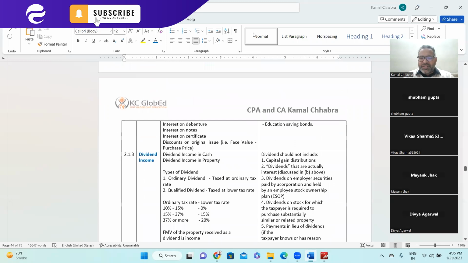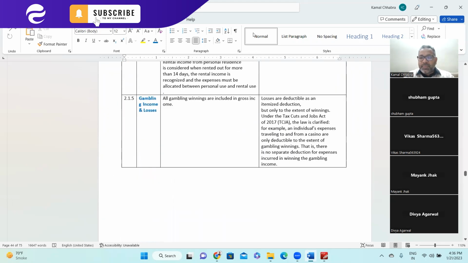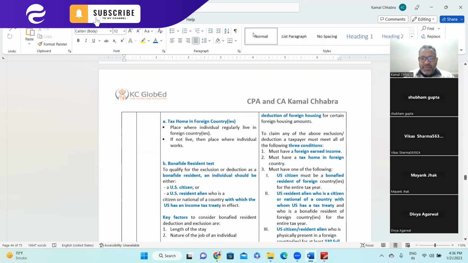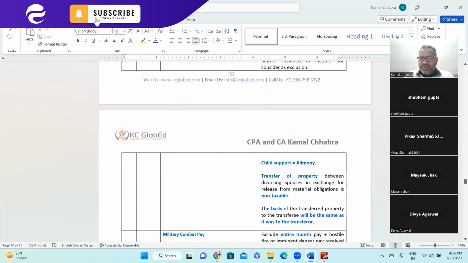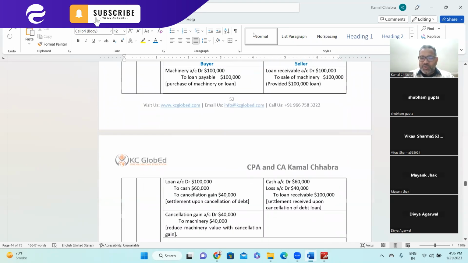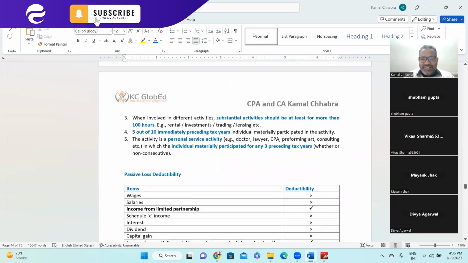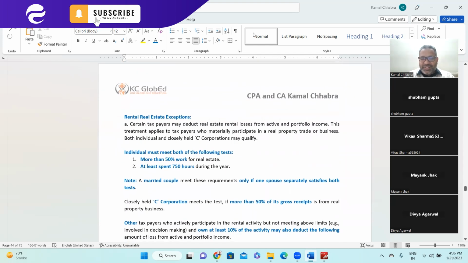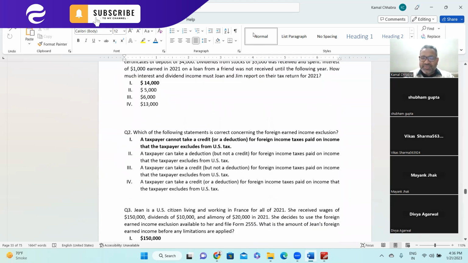Hope you guys have revised the notes. Did you get a chance to look at the notes by any chance? Mayank, Vikas, Divya, Shubham, Garima, Rajat Mathur. Yes, have you got a chance to go through the notes?